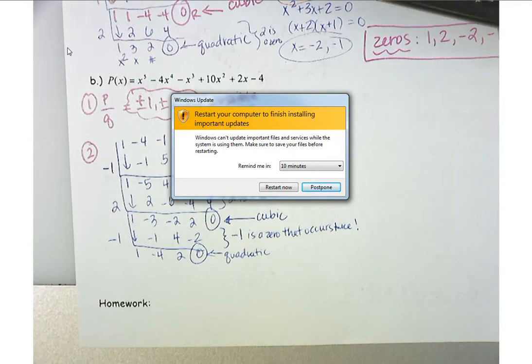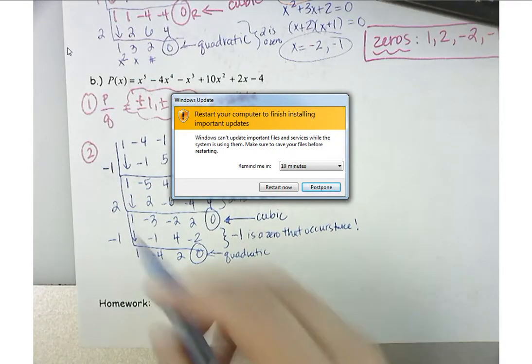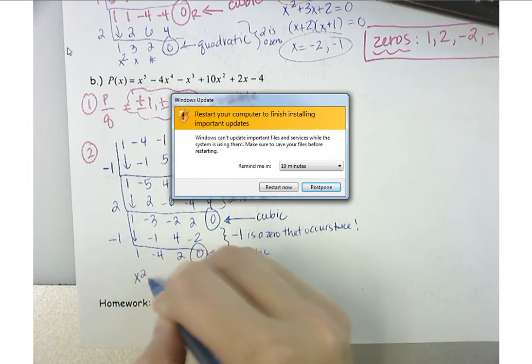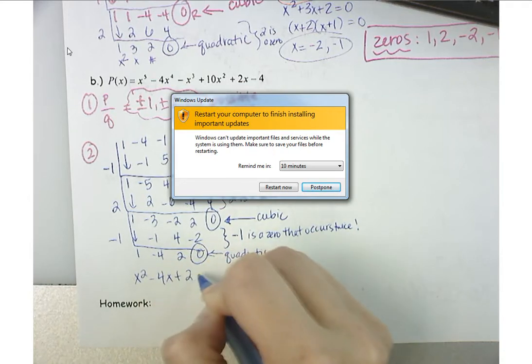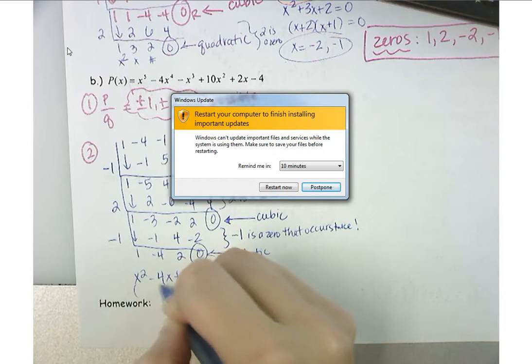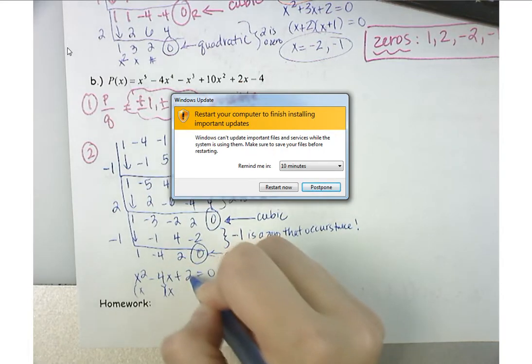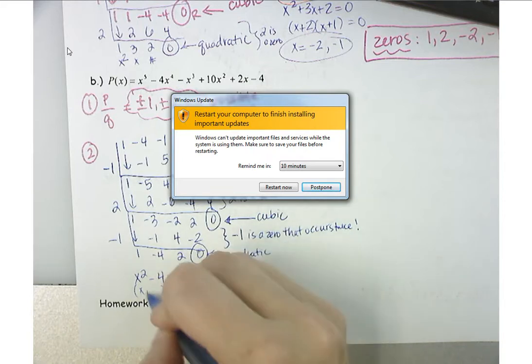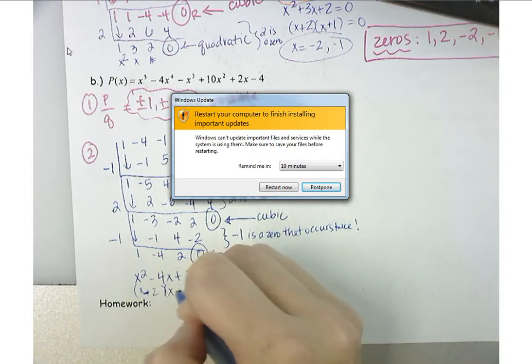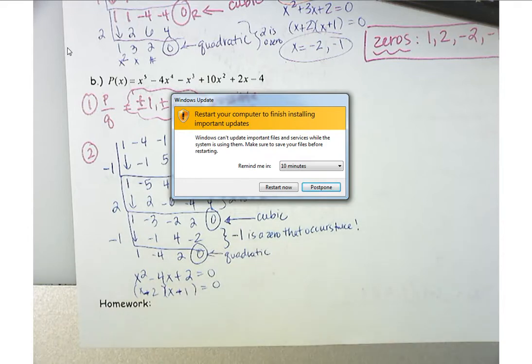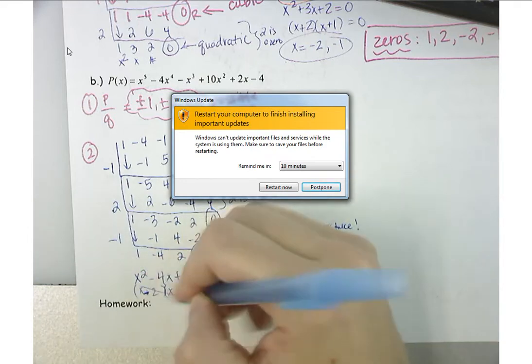Right, so I'm going to write out my quadratic. So x squared minus 4x plus 2 equals 0. So I would try to factor this, x and x. Positive 2 is only going to be plus 2 plus 1, or minus 2 minus 1. Is that going to add up to -4? No, it's only going to add up to -3.